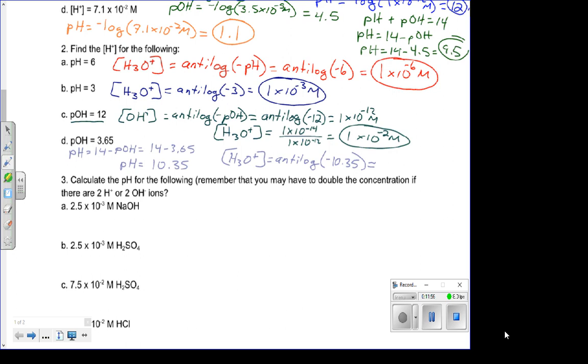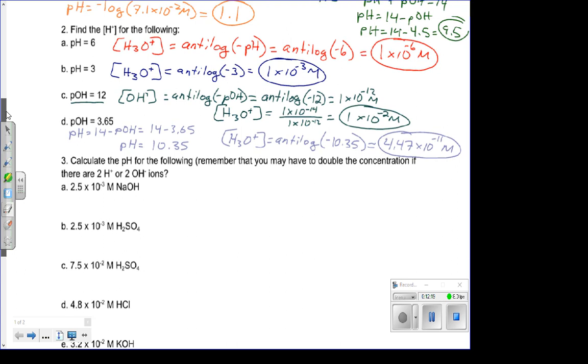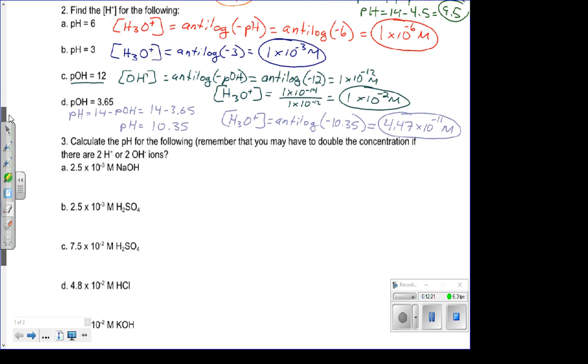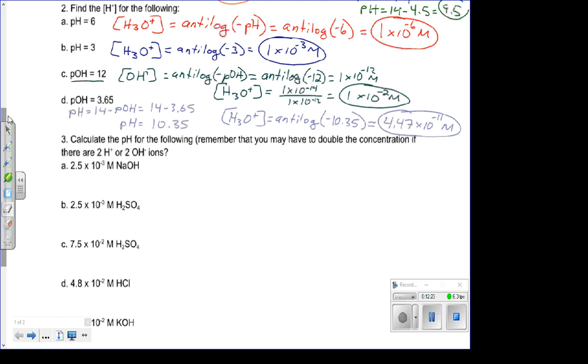Make sure you stick that negative sign in there. 4.47 times 10 to the negative 11th. Questions on those?